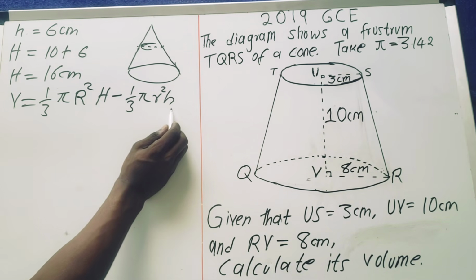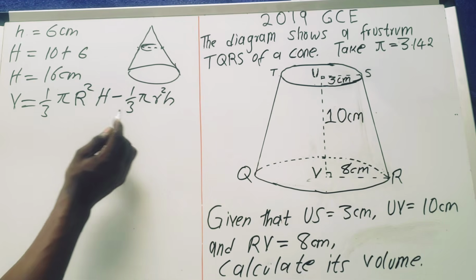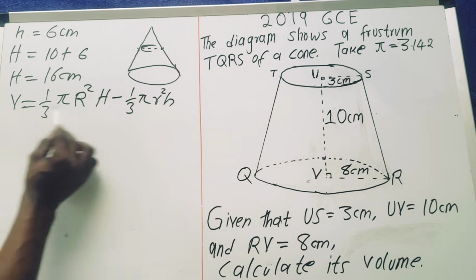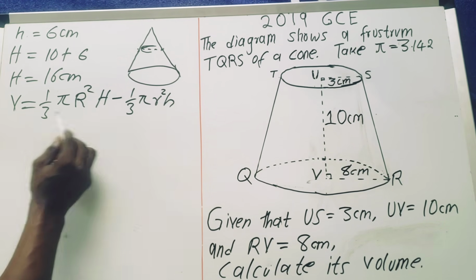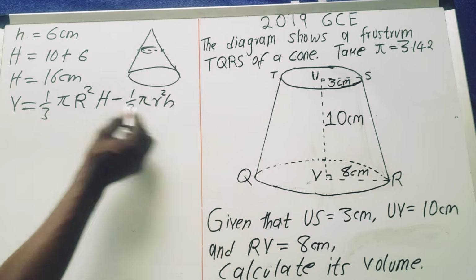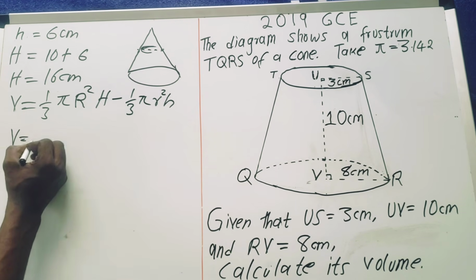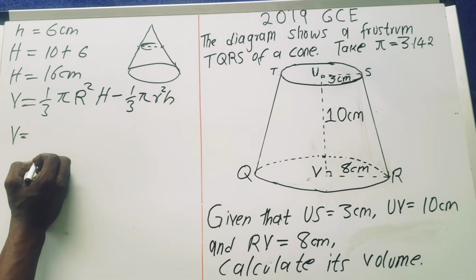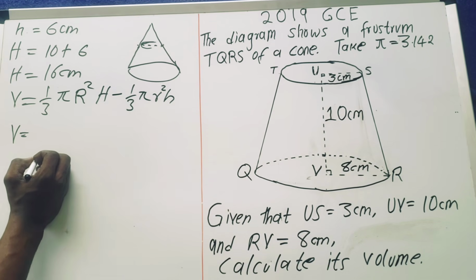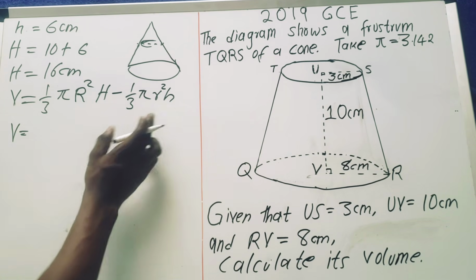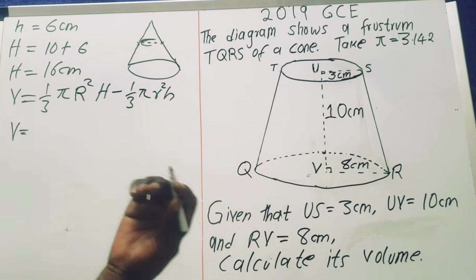So I hope you get this formula. If you want, you can even factorize, you can factor it out. But you can just go with this, it's one and the same. Actually, maybe let's just factorize it so that it becomes easier.